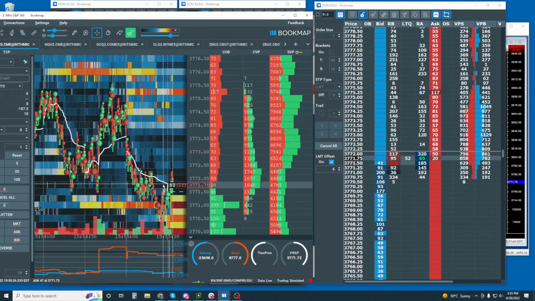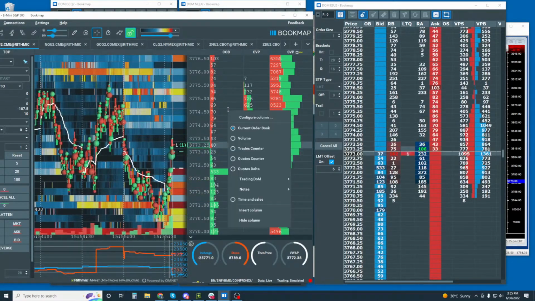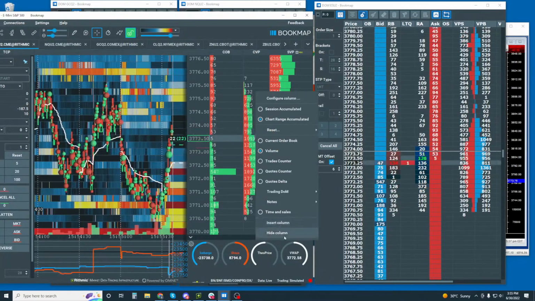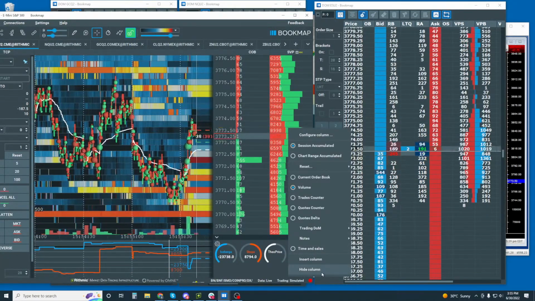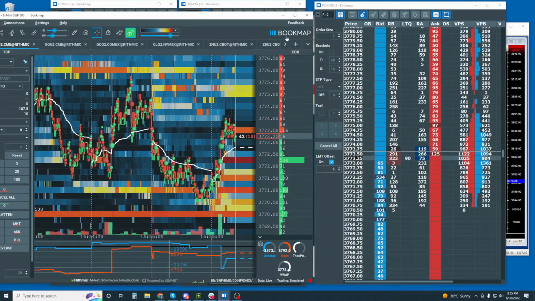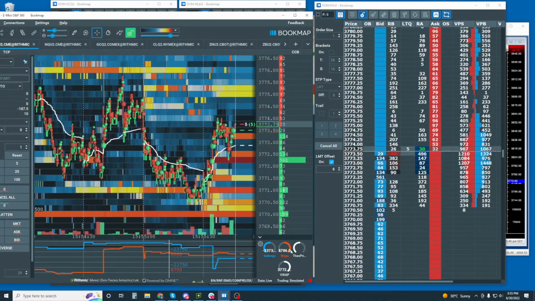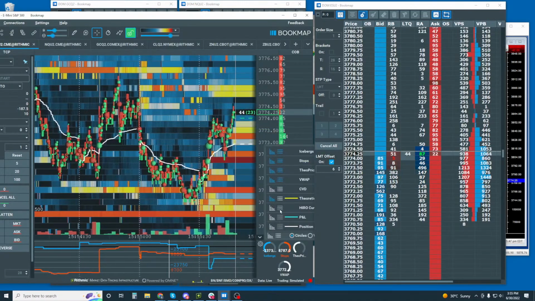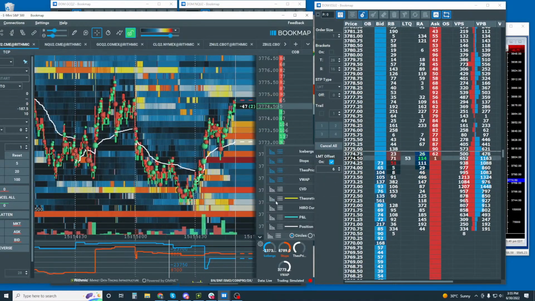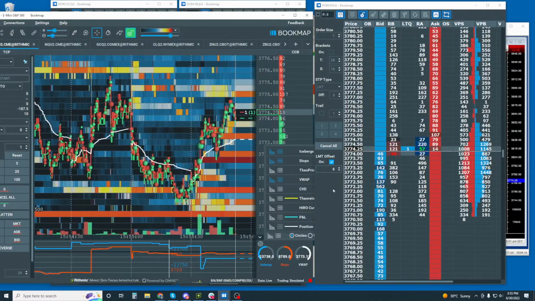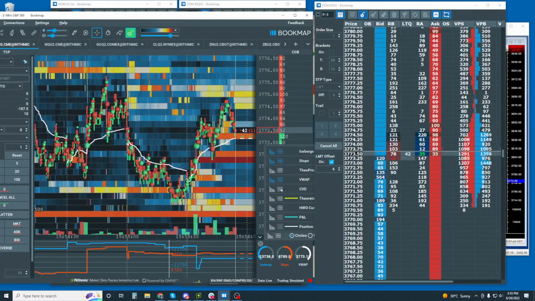So here's the VWAP right here. Let me simplify this. I'm just going to get rid of some of these columns. All right, we've got the VWAP here, and let me get rid of theoretical price. Okay, stops and icebergs and VWAP.